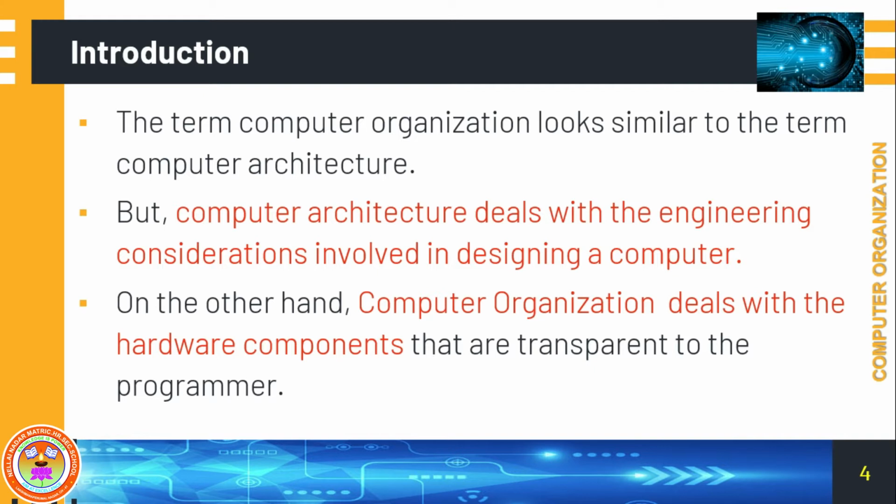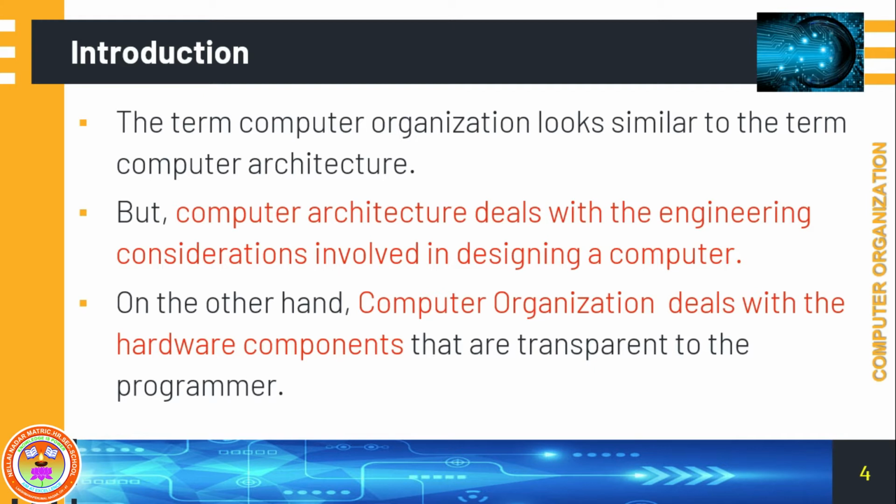So computer architecture deals with the considerations of designing what is involved inside computers. On the other hand, computer organization mainly deals with the hardware components of your computer that are transparent to the programmer.